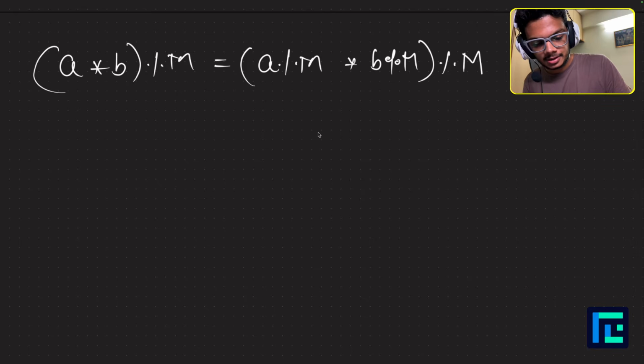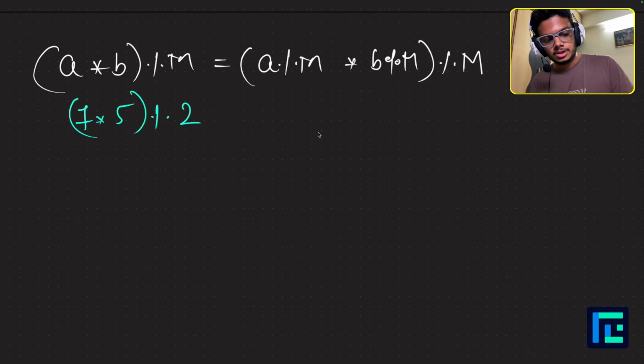Let's say we have 7 into 5 and we are modding it with 2. This is 35 mod 2. 35 mod 2 will be 1, since 35 is an odd number.